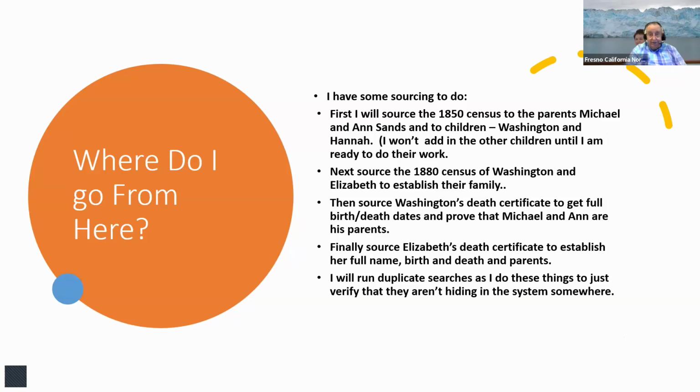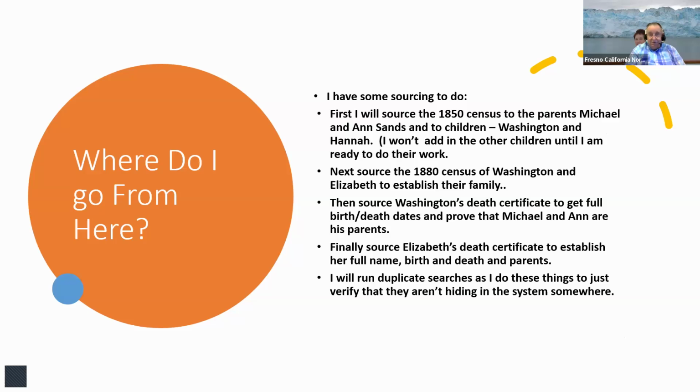So at this point, I'm basically done with my research. What do I need to do? I need to source that 1850 census and put Michael and Ann's in that record, source them, source Washington and source Hannah, leave the other kids out for the time being.